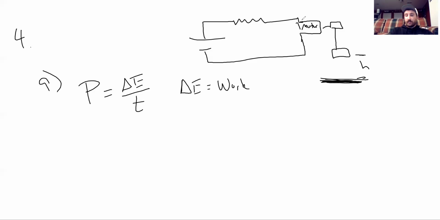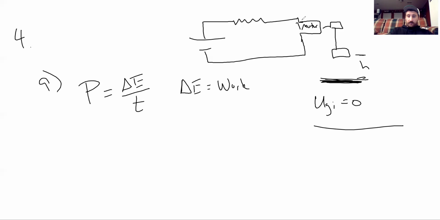At the initial spot, it's at rest, so its velocity is 0, so it has 0 kinetic energy. Its initial potential energy is going to be 0, so total energy here is 0.